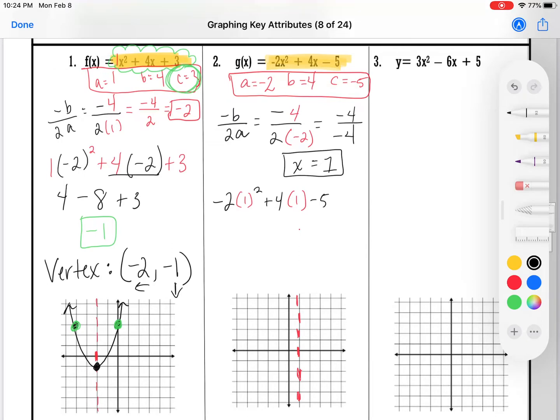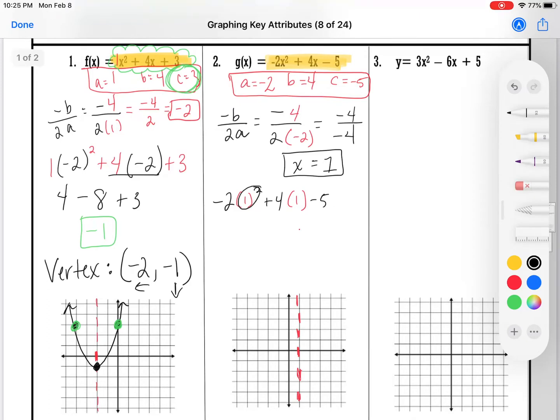Okay, these are all numbers, so my answer will be a number here. So I took my new x and I plugged it into the original equation for the letter x. If you struggle with solving, you can just plug this in a calculator. You could open Desmos and just type in negative 2, parentheses 1, close parentheses squared, plus 4, parentheses 1, minus 5. But for this one, we're going to solve by hand.